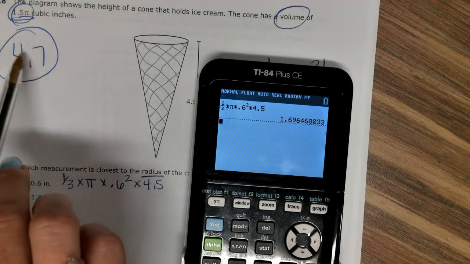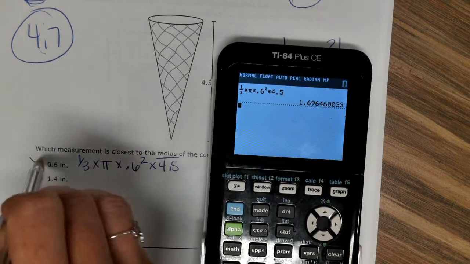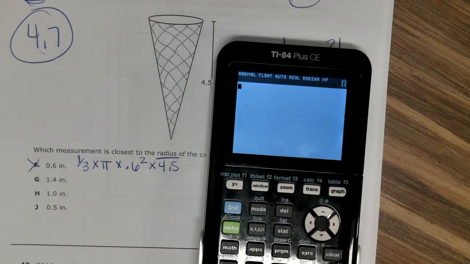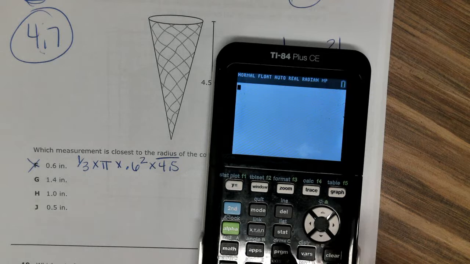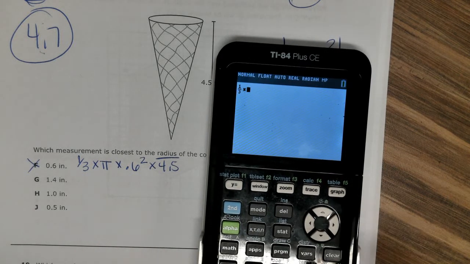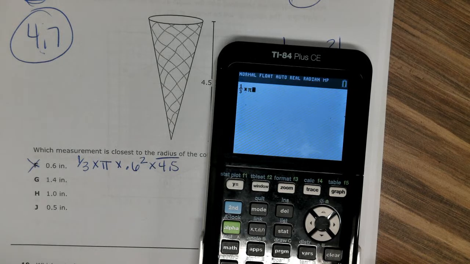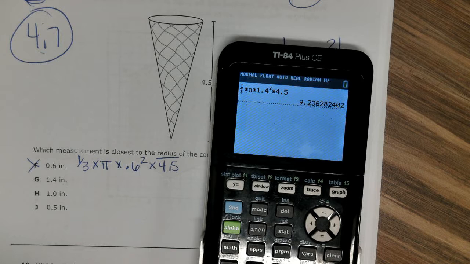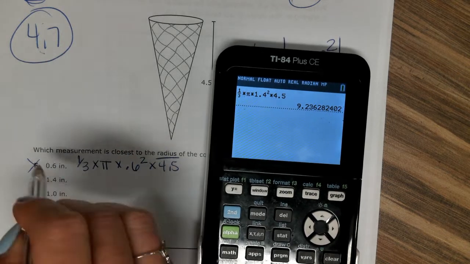Did that give me 4.7? No. So now I try it with this one. 1/3 times pi times 1.4 squared times 4.5. Did that give me 4.7?